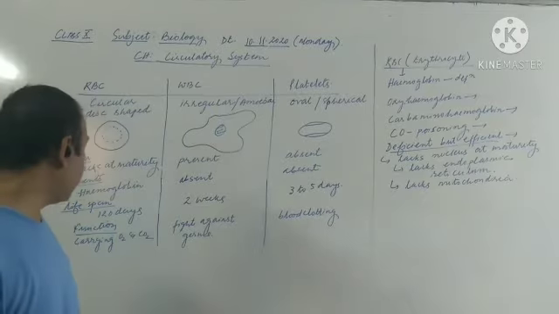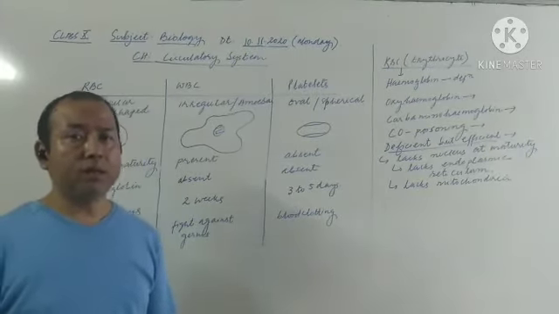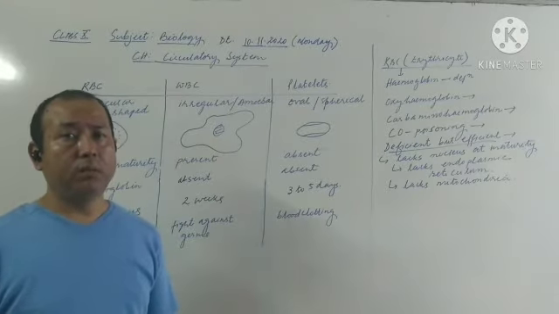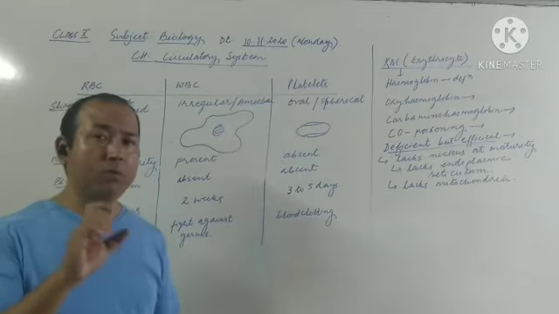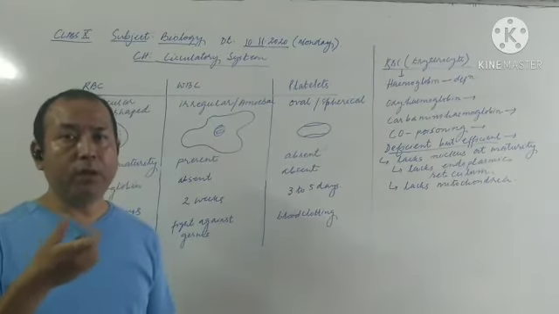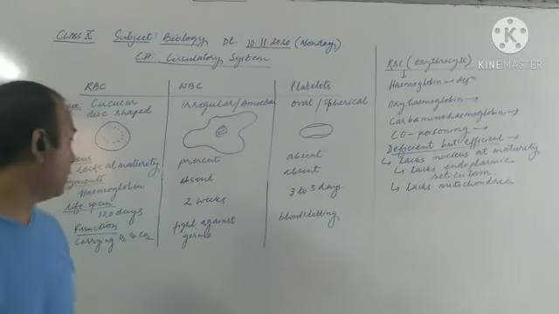One more important point you need to remember is that all the blood cells are produced in the bone marrow of long bones. Inside the long bones, there is a cavity filled with bone marrow. In this bone marrow, these blood cells are usually produced.